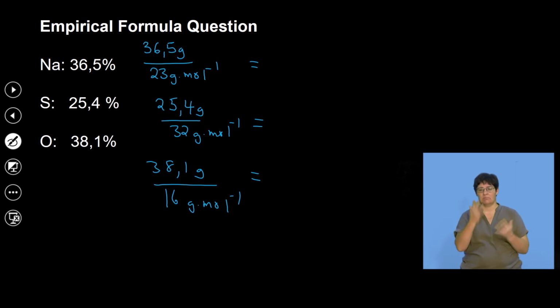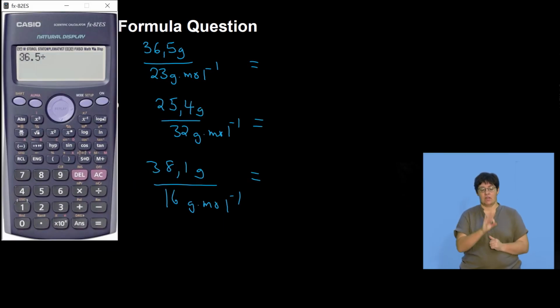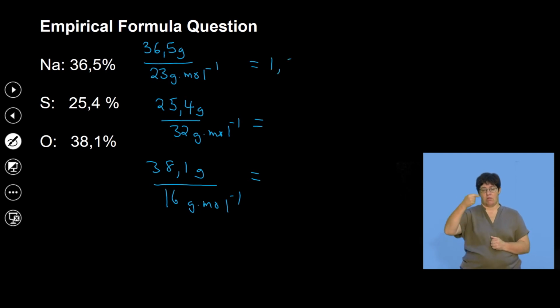So if we go to our calculator, we will get 36.5 divided by 23, okay? What do we get? This gives us, as a decimal fraction, 1.59 mole, right?